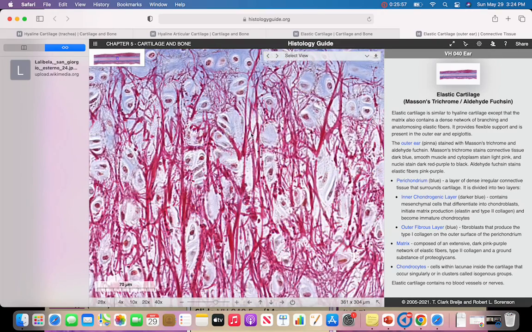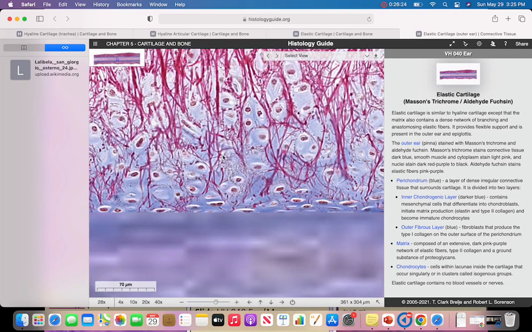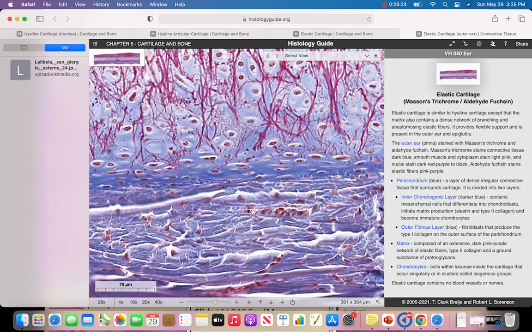And these thin branching networks of fibers are elastic fibers. So the elastic fiber is stained with the aldehyde fuchsin. And on this side also we have the perichondrium.